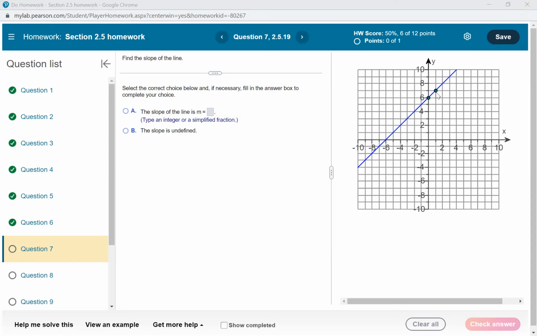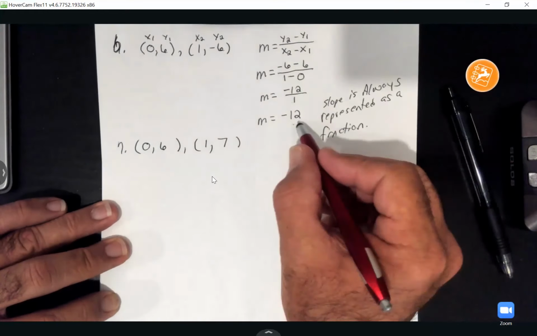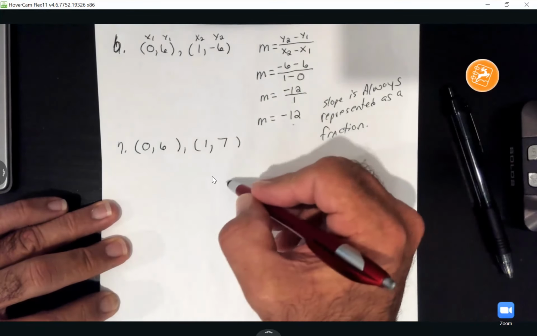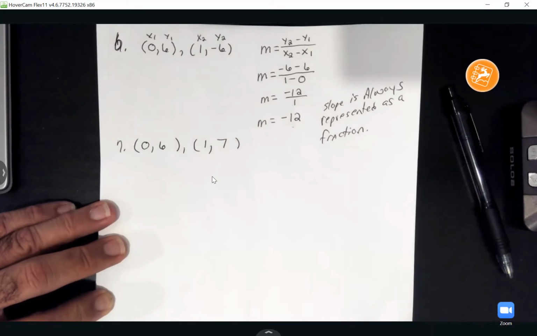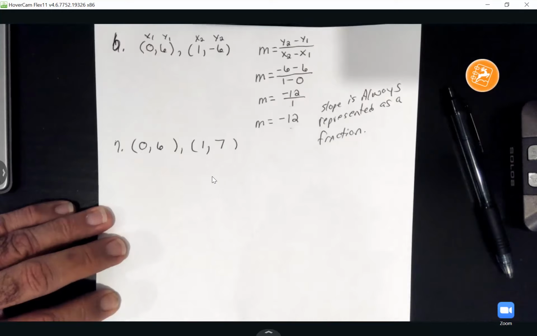So that looks like a 1, 7 for that point. So you got your 2 points. So now it's just time to use that slope formula. Now remember, this one was going downhill, so it was negative. This line is actually going uphill. And remember, when it's going uphill, it's going to be a positive slope.